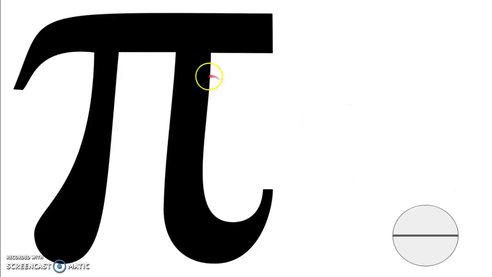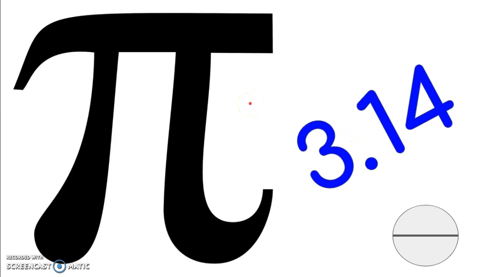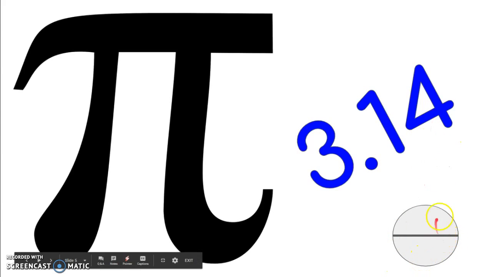So how can we find the circumference? Easy. We use this. This symbol is called pi. Now, what is pi exactly? Pi is 3.14. The reason it's 3.14 is I want you to imagine this. In the lower right-hand corner here, we have this circle with a diameter that goes all the way across.